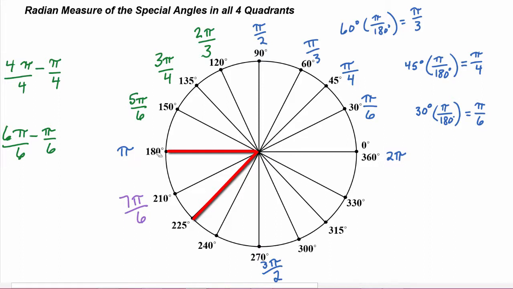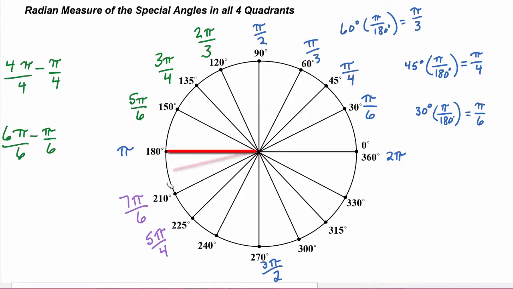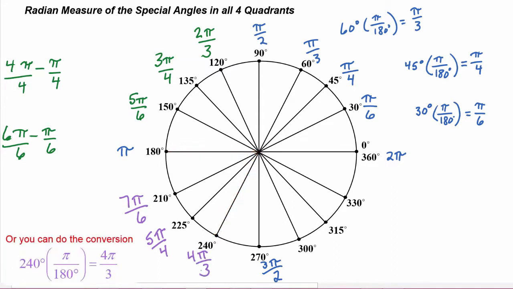So pi plus pi over 4 is 5 pi over 4. And here at 240, where the reference angle is 60, we're going to now think of the reference angle as pi over 3. So pi plus pi over 3 is 4 pi over 3.